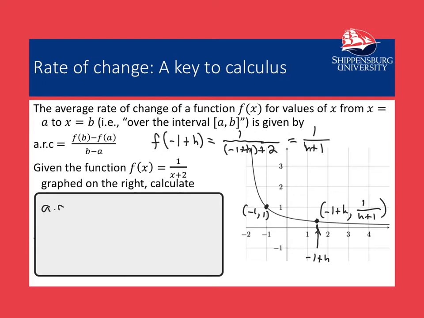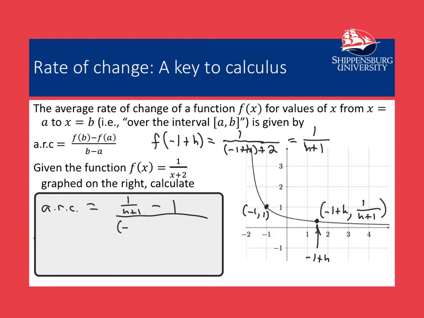Average rate of change is the difference in the y-coordinates. So the outputs are 1 over h plus 1 minus 1. So that's this output value minus this output value. Right, so just the difference in those two output values. And then I have to divide by the difference in the input values.